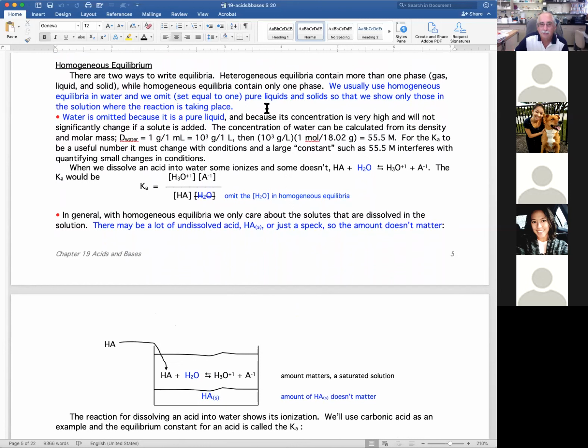And in homogeneous equilibrium, we treat pure liquids and constants as if they were equal to 1. We forget about them.